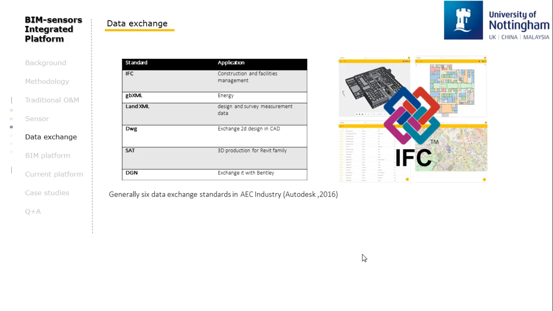For the data exchange standard, according to Autodesk, there are generally 6 data formats. The IFC data format has the potential to store the information from the sensors and the BIM, which is the Revit model. So we think we can integrate them together using the IFC standard.